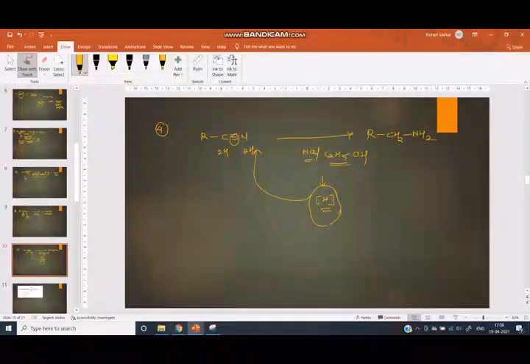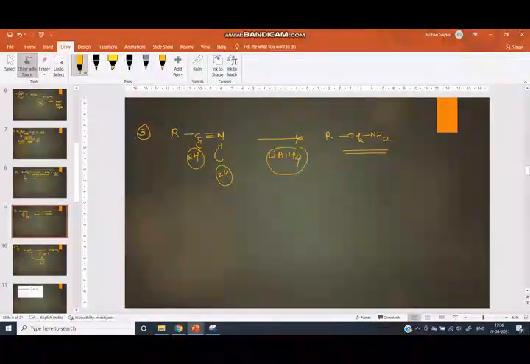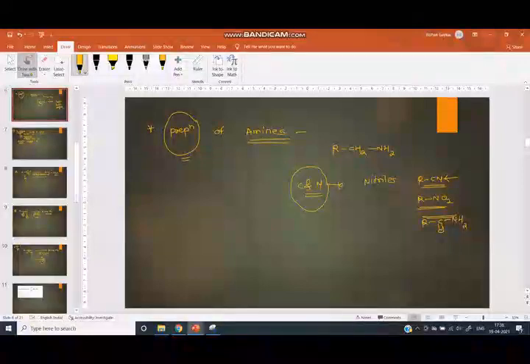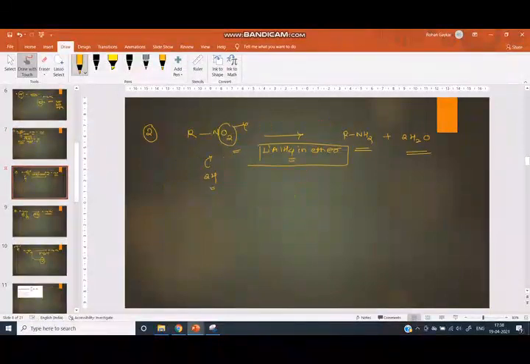These are the two methods from nitriles: reduce nitrile with sodium in presence of ethanol, or with lithium aluminum hydride. And from nitroalkane, if we add Sn/HCl then we get RNH2. If we add lithium aluminum hydride, we get RNH2.